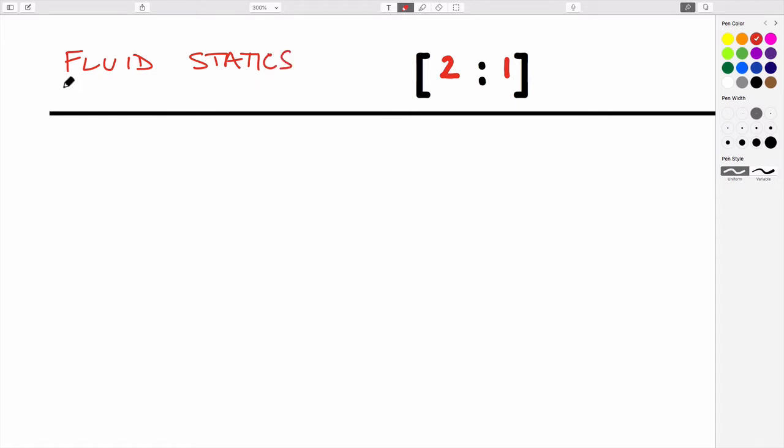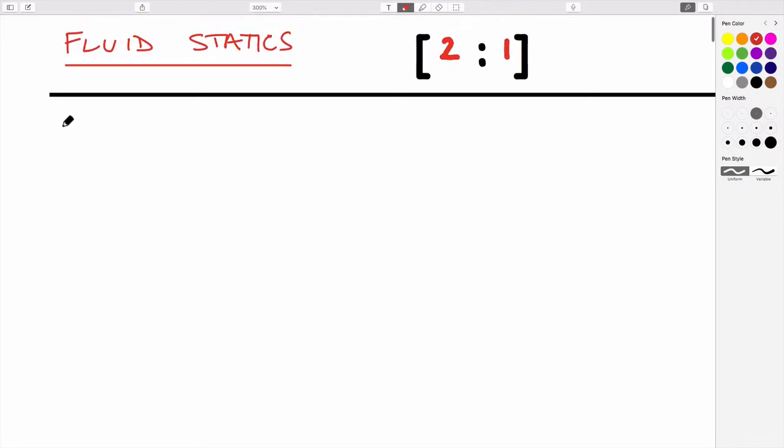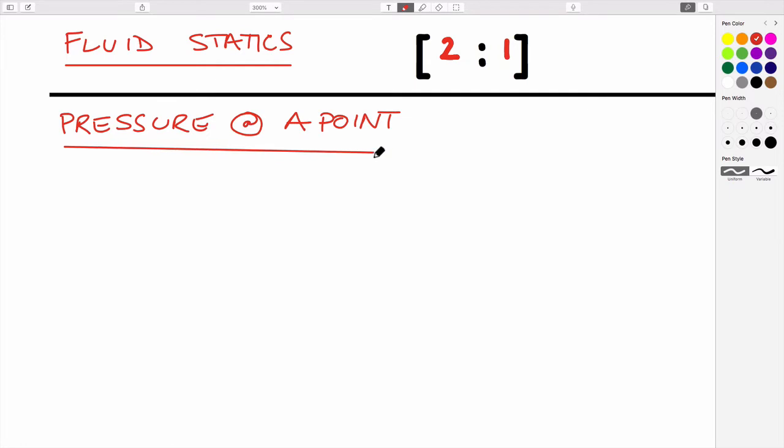And so, as the previous title defined, if we're looking at fluid pressures is what our interest is. So pressure at a point is really what we're interested in. And we know that fluids come in two flavors, if you like.